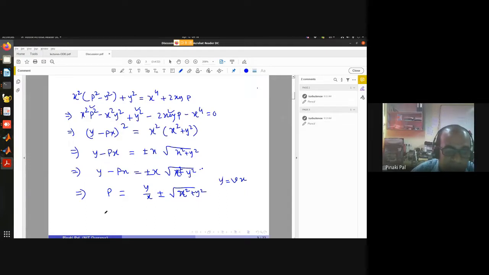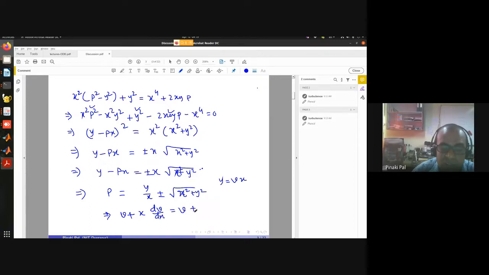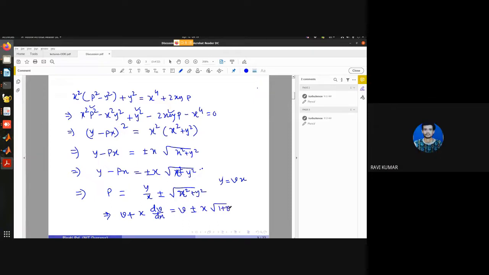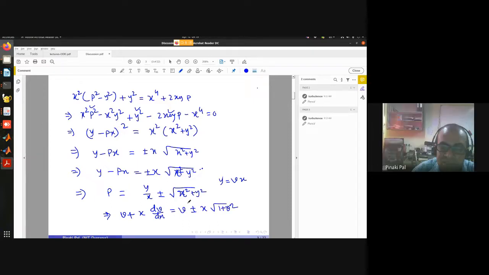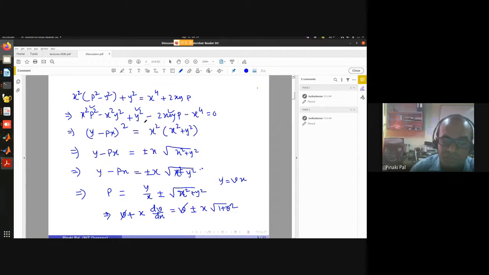You will get something like this. y will become vx, so dy by dx becomes v plus x dv by dx, and this will be v plus root over 1 plus v square. Now this one is cancelled, x also is cancelled.